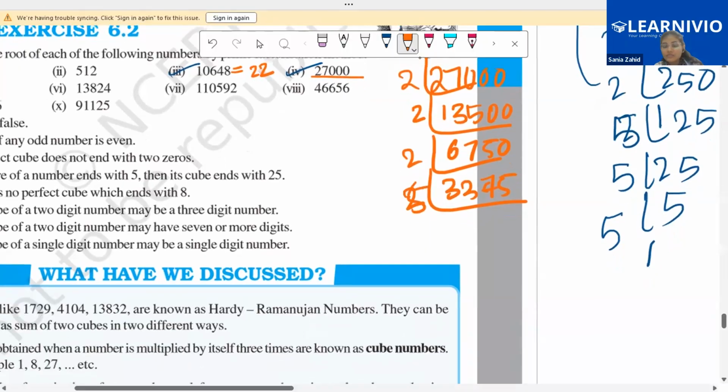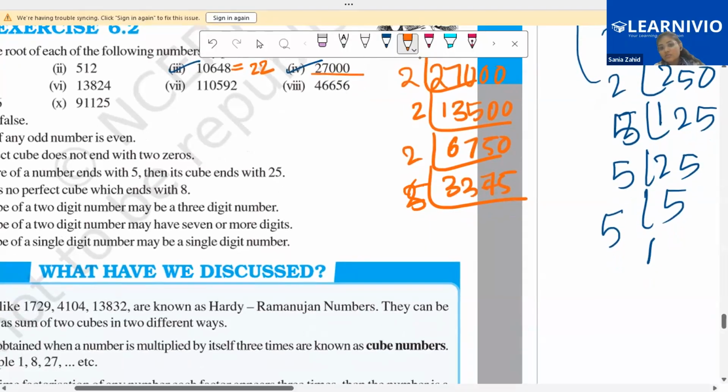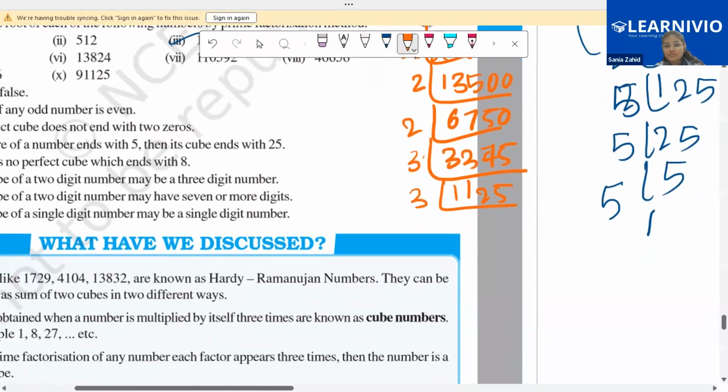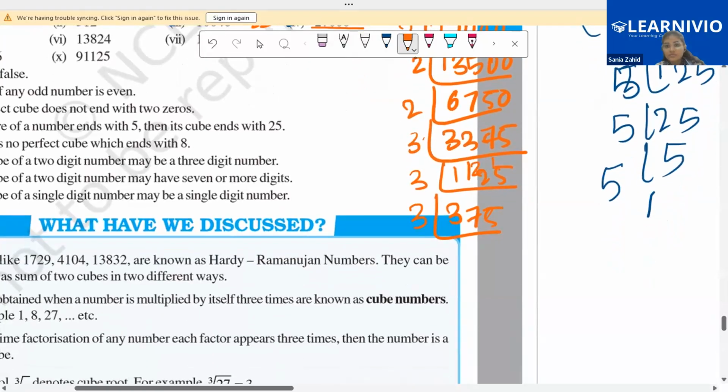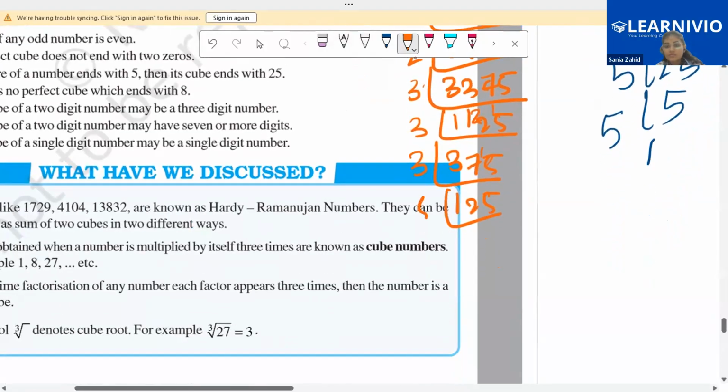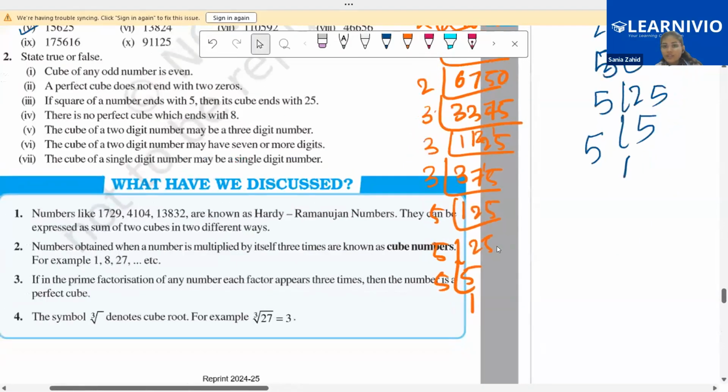By now we'll have 3. Ma'am, can we do it by 3 also? We can do it by 3 also. Then we get 1, 1, 2, then 3, 3, and 2, 5, 25, 1, 5. Okay, this will be the prime factorization.